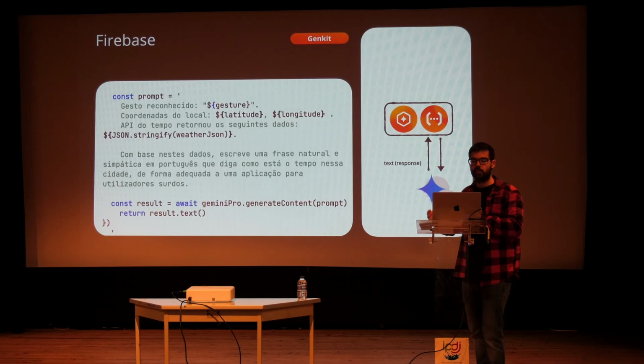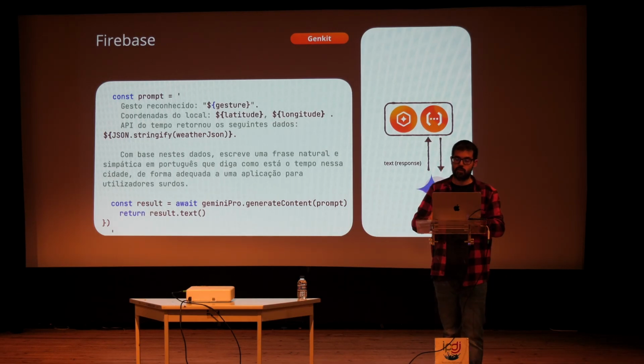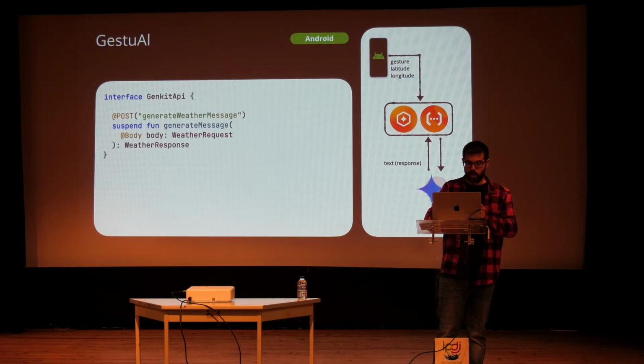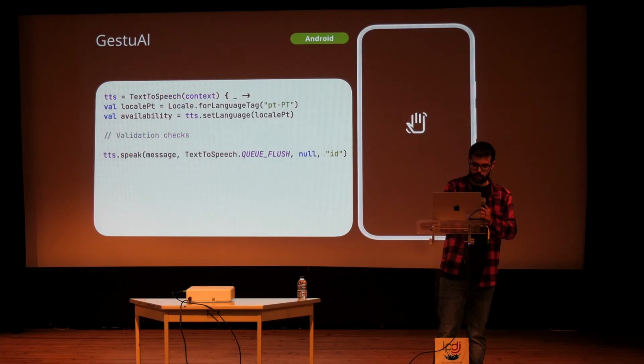And then I say, please write a natural phrase for an application that's going to be used by people that don't speak. And then it sends this information back. I've got here the endpoint to make the call, and I'm just sending the information here.